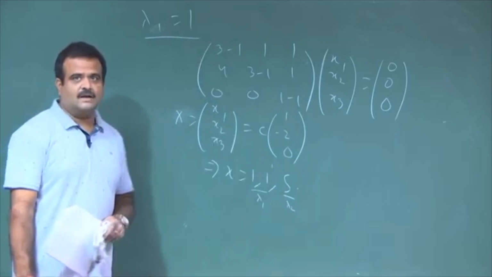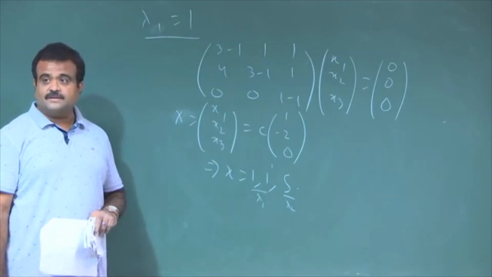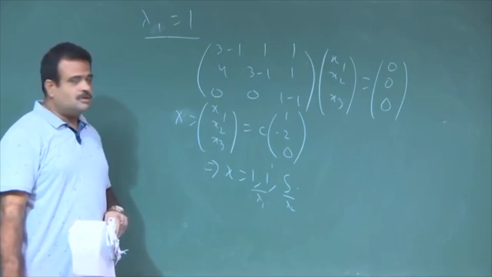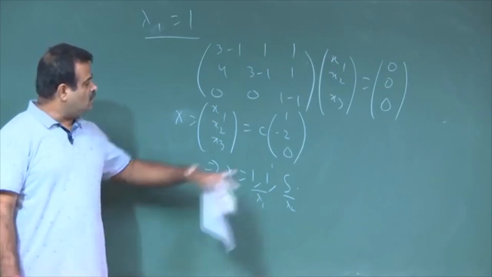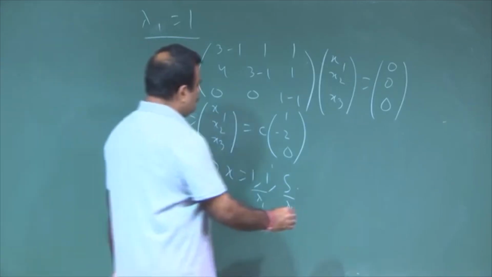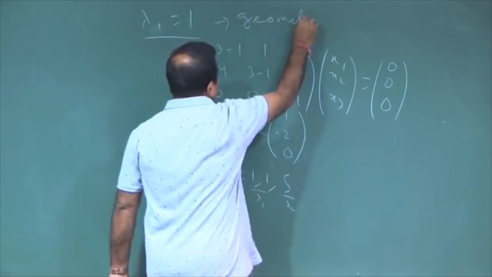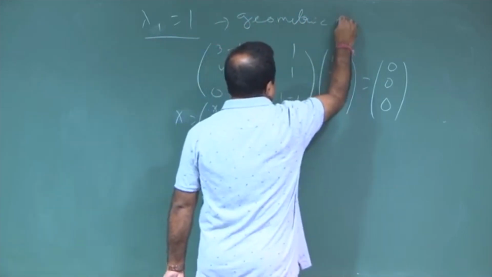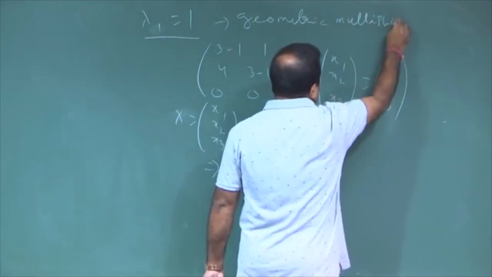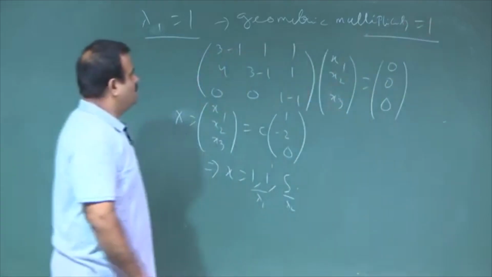So, this is bad luck. This is basically the dimension of the eigenspace corresponding to this eigenvalue, which is 1. So, we have only one independent vector. That means the geometric multiplicity is 1, which is not the same as the algebraic multiplicity.